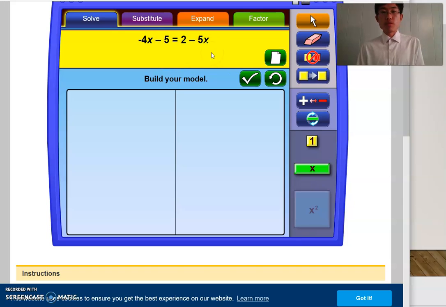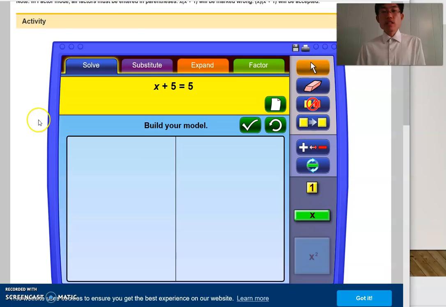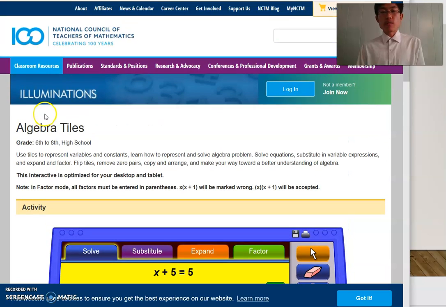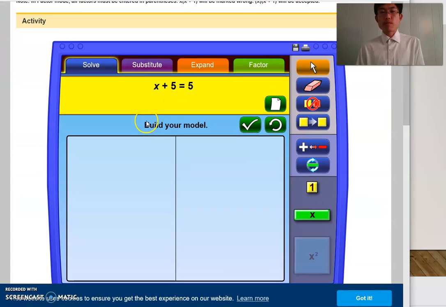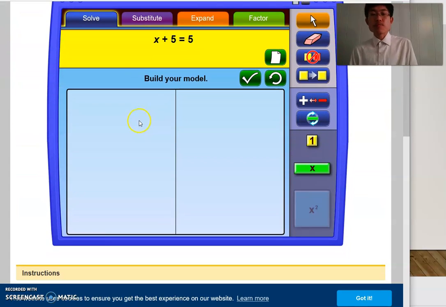This one is going to be a little bit difficult because you have a variable on both sides, and it's going to be a multi-step. This NCTM site also has some free things that you can do. But these 4 things right here: solve, substitute, expand, factor.